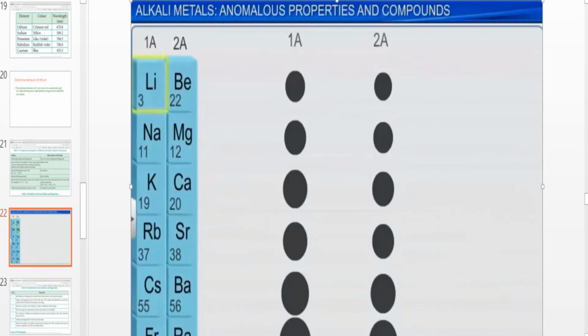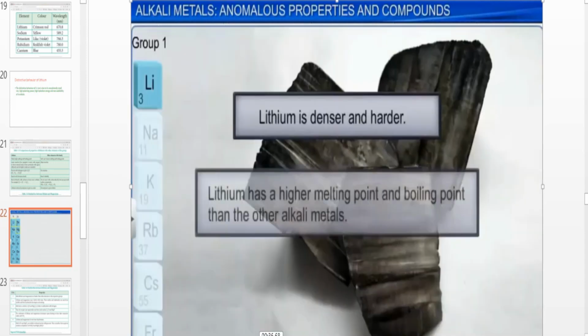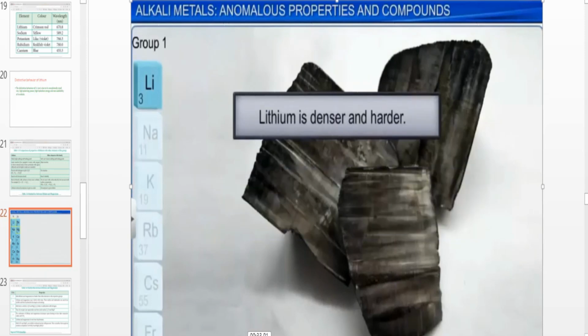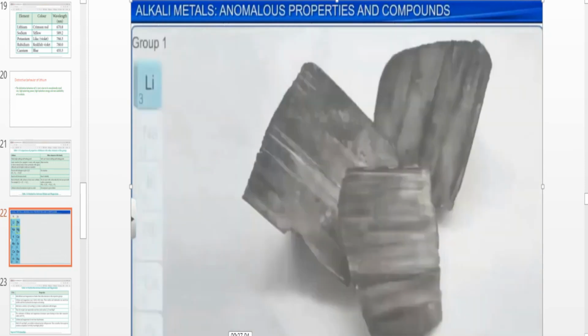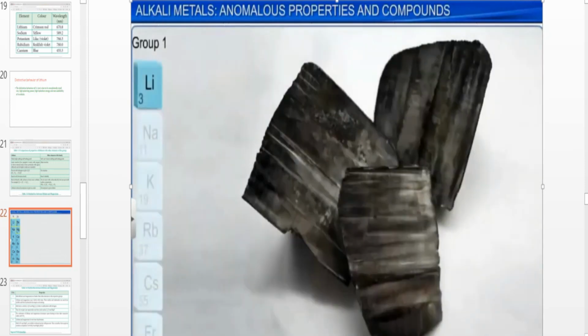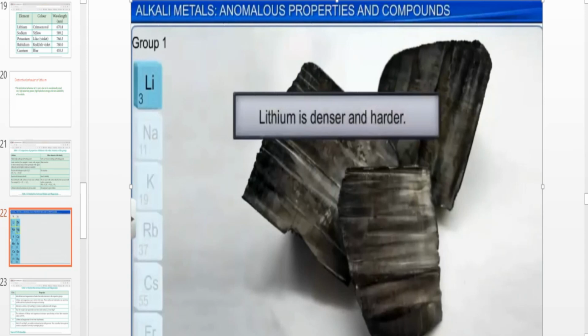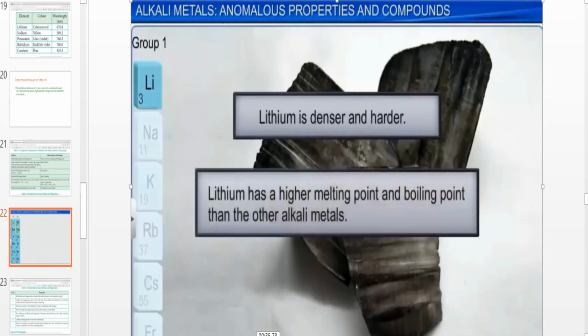Let us study this diagonal relationship of lithium and magnesium in detail. The first property: lithium is denser and harder.